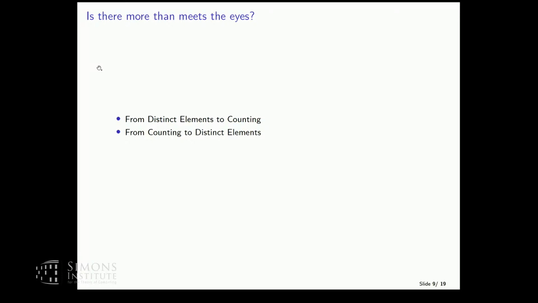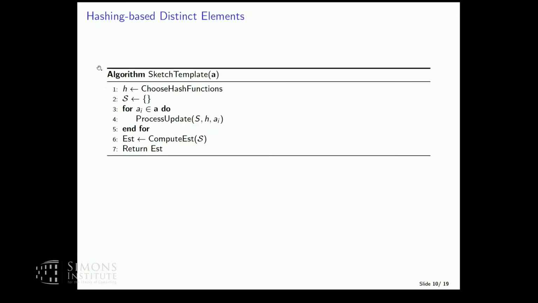And the recipe is again going to be very simple. To start with, almost all the algorithms that have been developed for distinct elements are usually called sketching algorithms, just the name in the community. The way these algorithms work is in the following template. You choose hash functions, just the way we did right now. We are maintaining the smallest hash value, so that's a sketch.